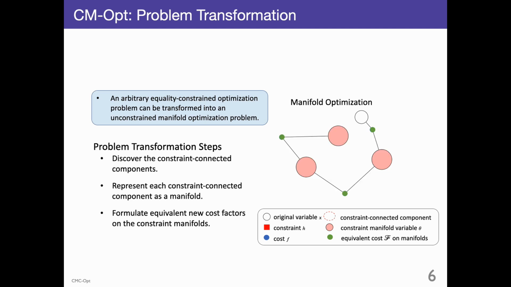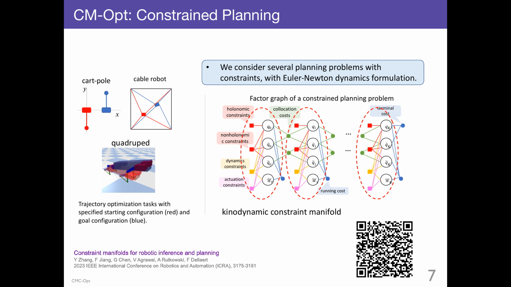So you can create these so-called super variables. They're constrained manifold variables. And we simply do manifold optimization, which is an unconstrained optimization problem on this new factor graph with manifold variables. That is actually the idea of Ye Tong's 2023 paper at ICRA.